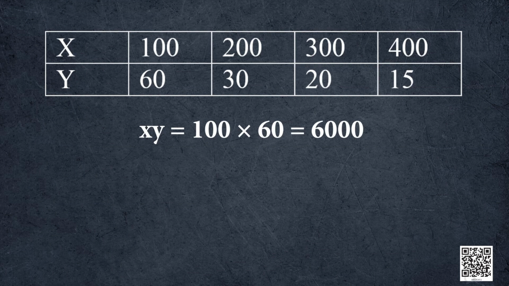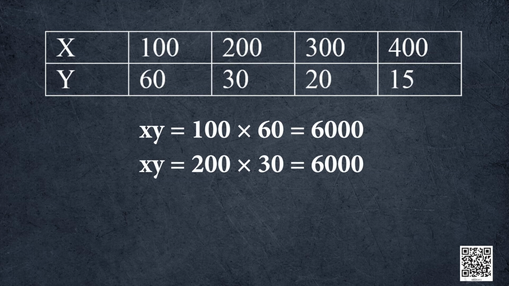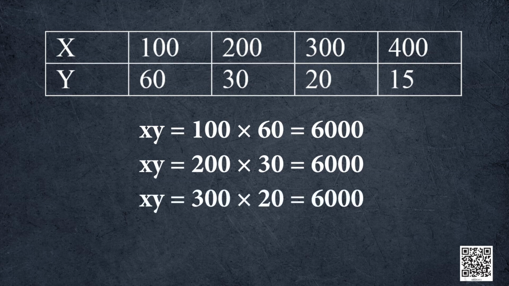In the same way, let us calculate the remaining. In the second one, xy is equal to 200 into 30, which is again equal to 6000. Next, 300 into 20, which is also equal to 6000.